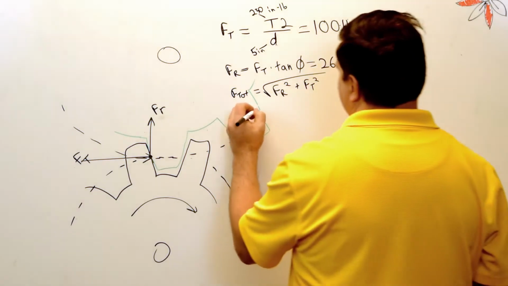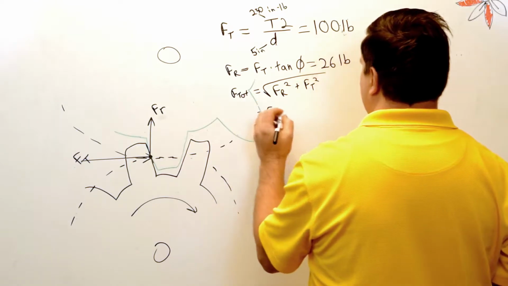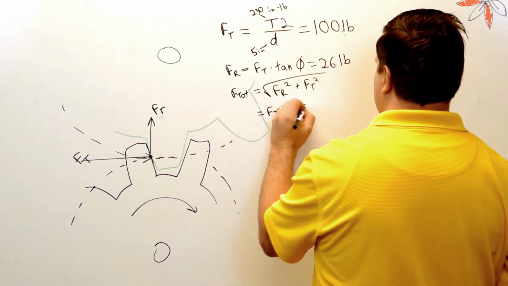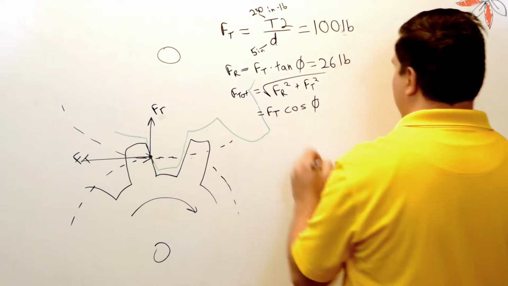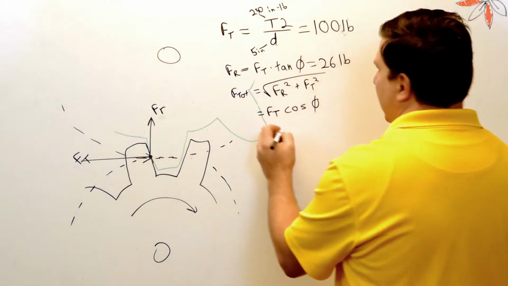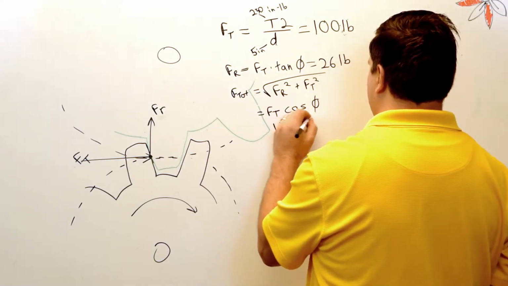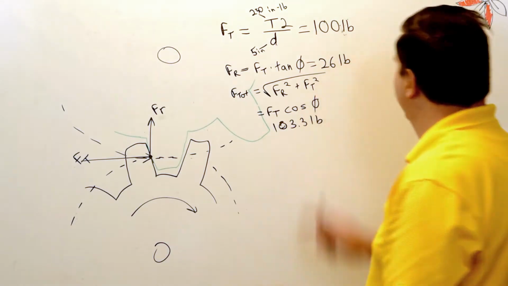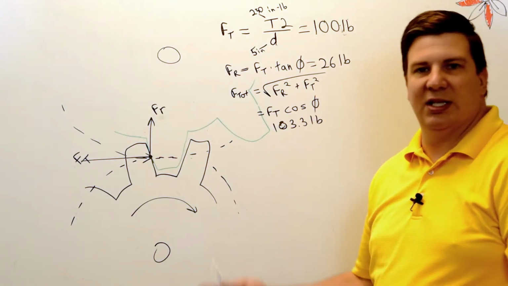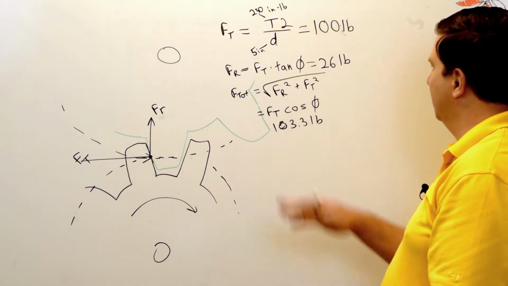You can say that it's equal to the tangential force divided by the cosine of our angle. All right, either way we get 103.3. All right, which makes sense. It's bigger than 100, but that 26 pounds really doesn't change it too much. It's only about a quarter of the value. So there you have it.